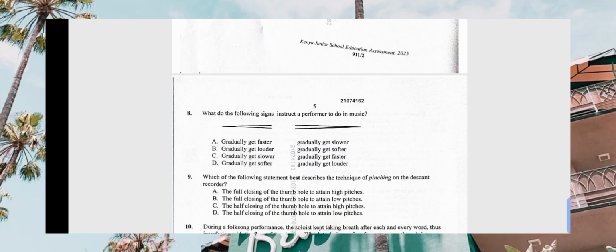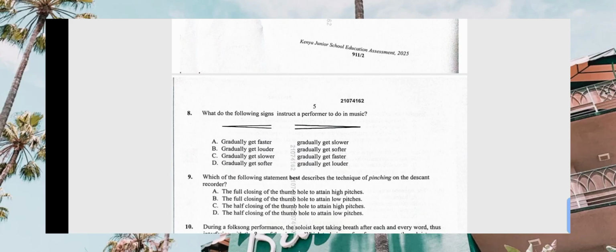So the first one starts with a low voice and progresses to a higher voice, then the second starts with a higher voice going to the lowest voice. The answer is gradually get louder, then gradually get softer. The correct answer is B.